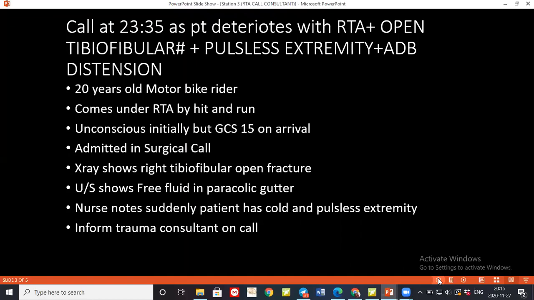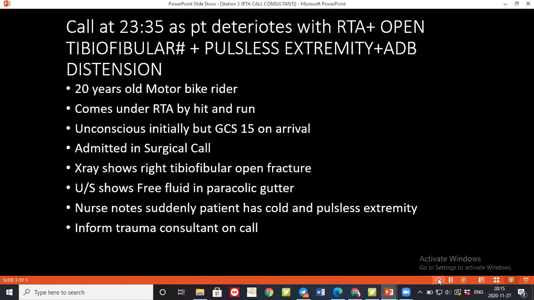So we are concerned that the patient is having an open tibial fracture, and we came to know that the patient is having pulseless extremities. So we suspect the patient might be having a vascular injury. So this is our most important concern, and we need consultation and further opinion from your side, sir.